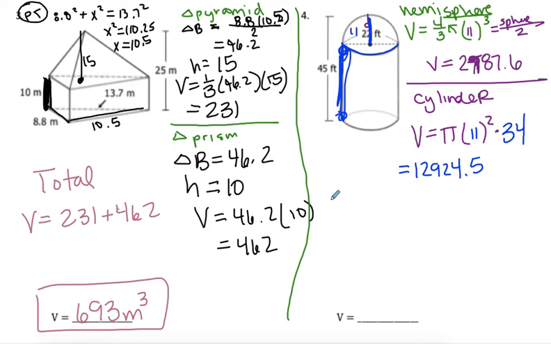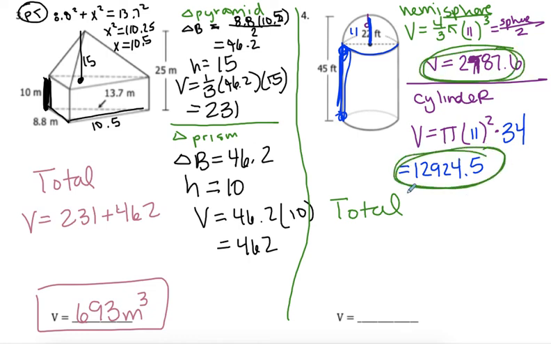To find the total volume, I need to add this number here to this number here. So I'm going to find my volume to be 2,787.6 plus 12,924.5.